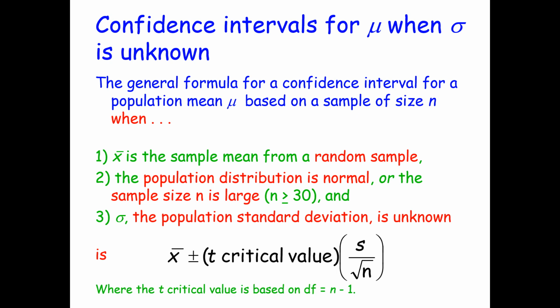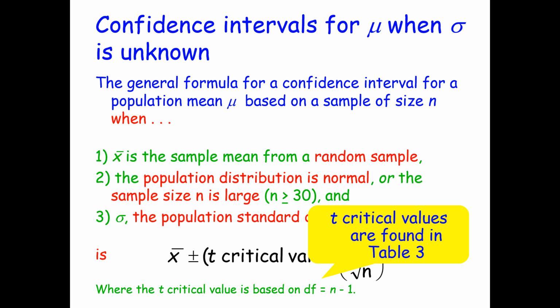So where the t critical value is based on the degrees of freedom of n minus 1. And our t critical values are found in table 3.